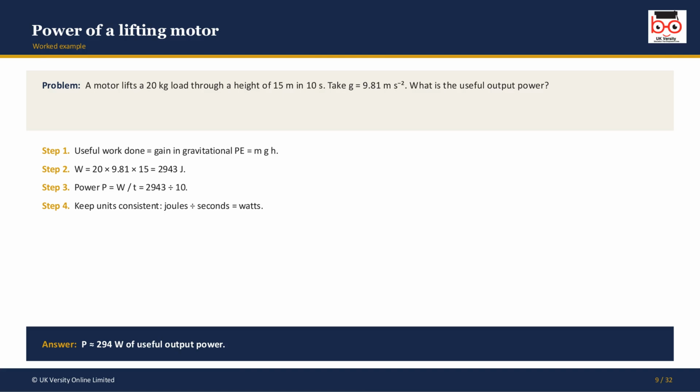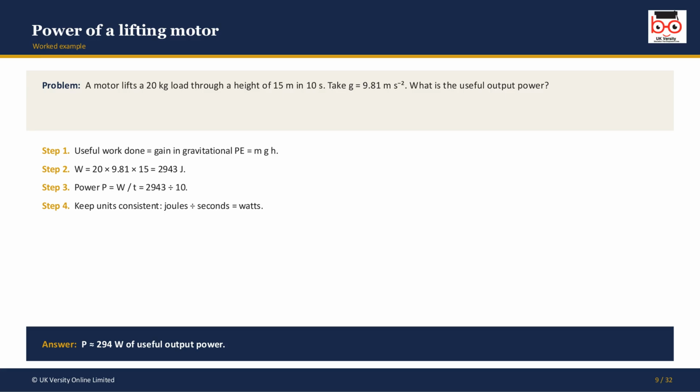Here's power in action. A motor lifts a 20-kilogram load through a height of 15 meters in 10 seconds and will take g as 9.81 meters per second squared. The useful work done is the gain in gravitational potential energy, mass times g times height, so that's 20 times 9.81 times 15, which is 2,943 joules.